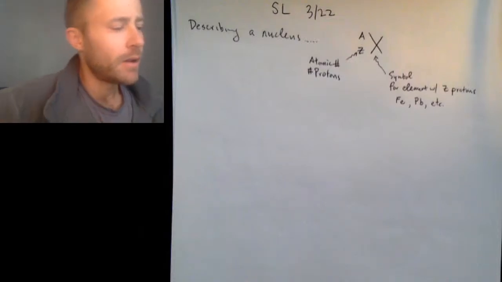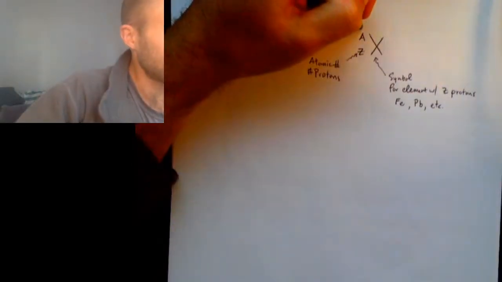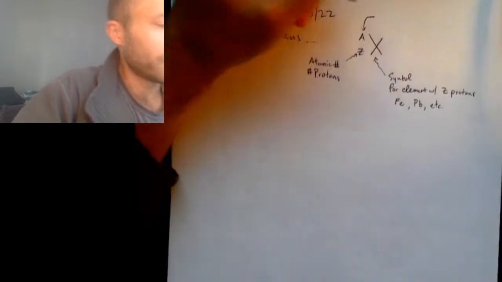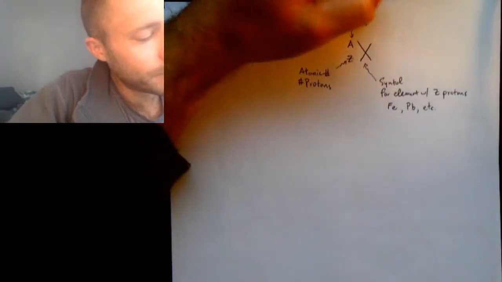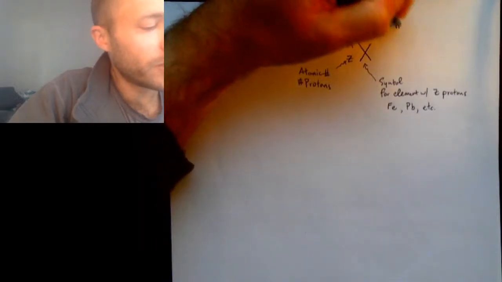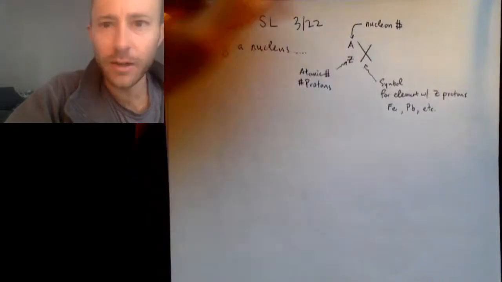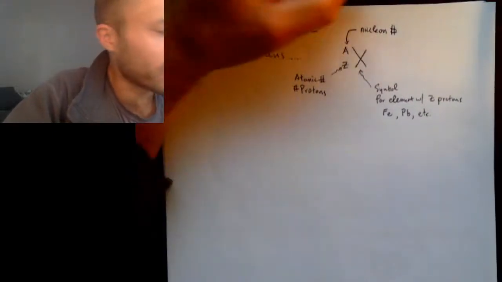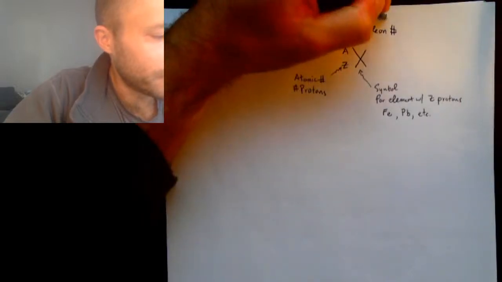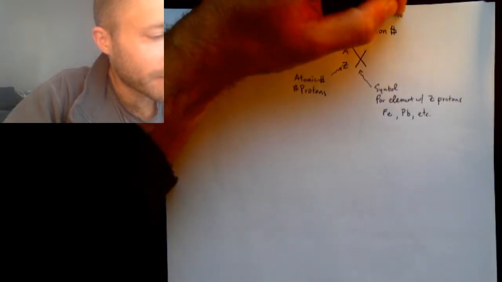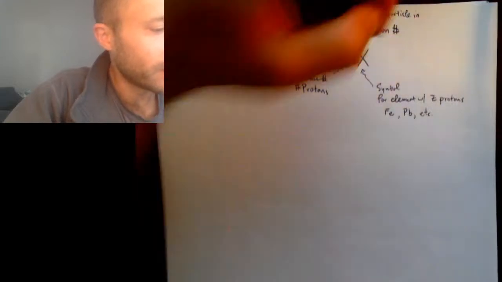Okay. And then A is called the nucleon number. So what is a nucleon? A nucleon is a particle in the nucleus.